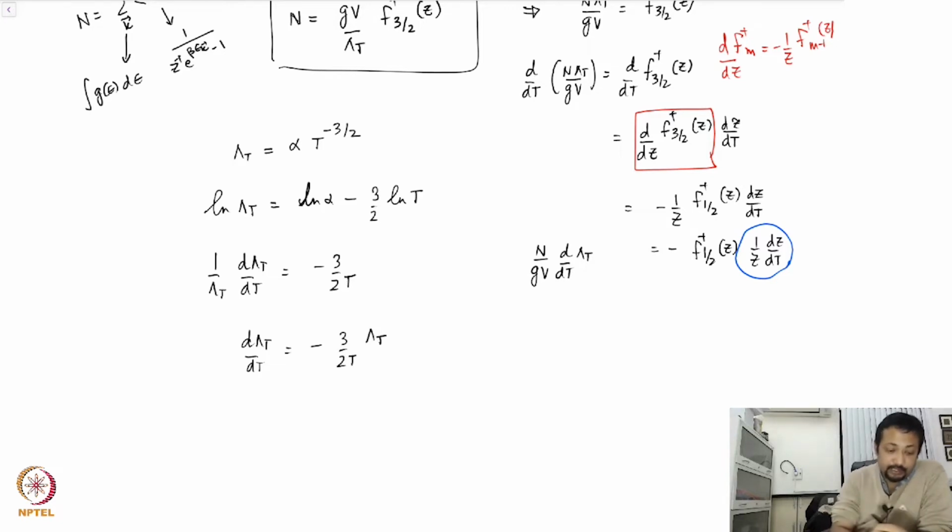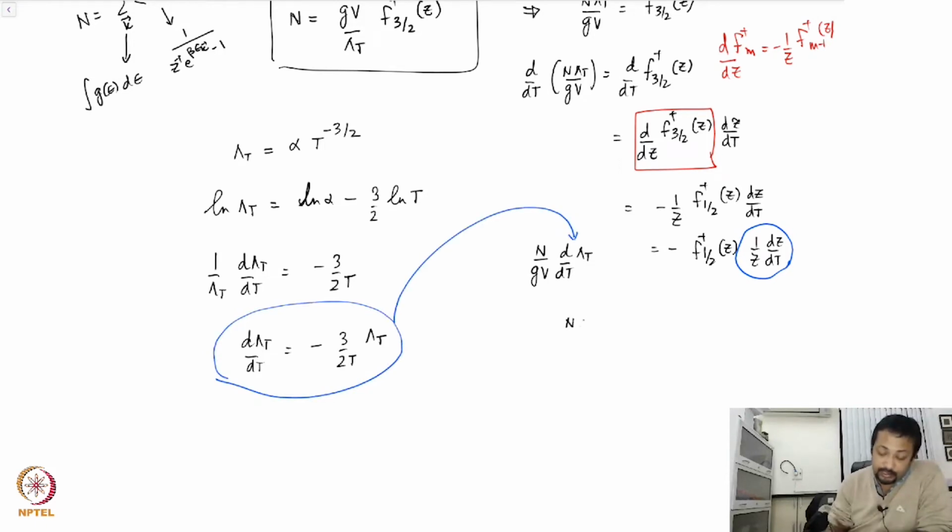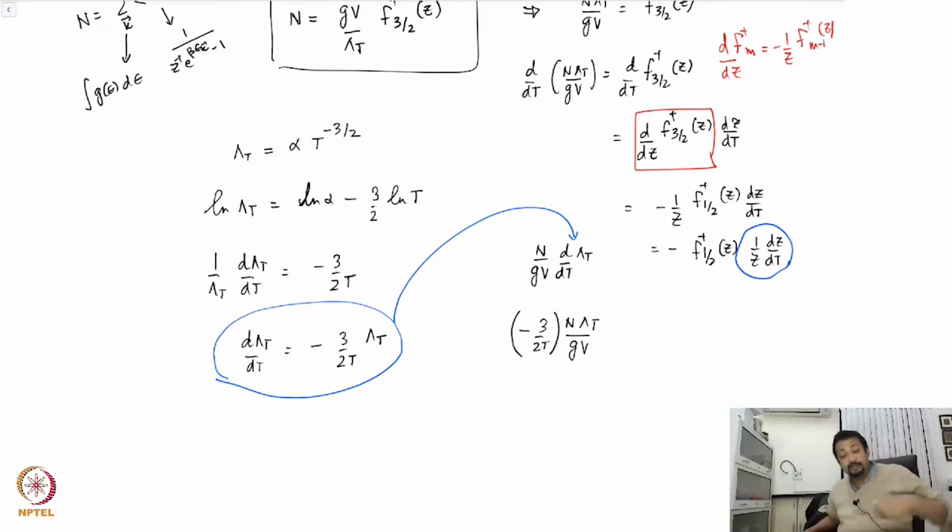And if I replace this expression over here, I come up with n lambda t over gv minus 3 by 2t. But surprisingly, this quantity I have already started off with, which is f plus 3 by 2 of z.